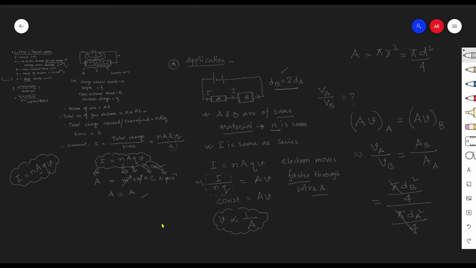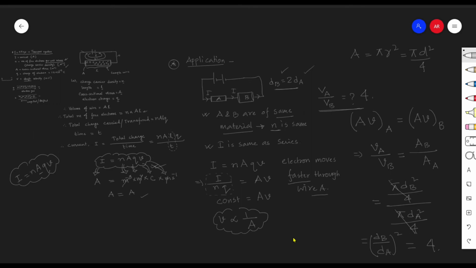So this pi by 4 cancelled out, and the right hand side is dB by dA whole square, and it is given that dB is twice of dA. So isn't it 4? Check it out. So the ratio of this is 4.